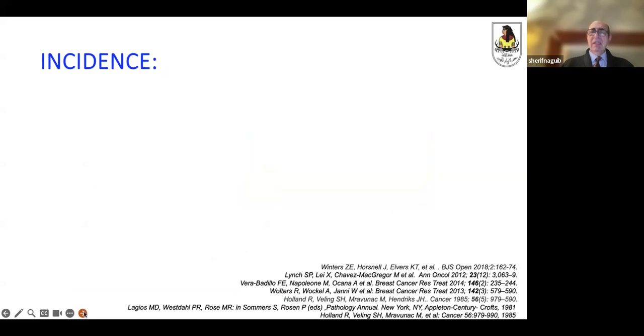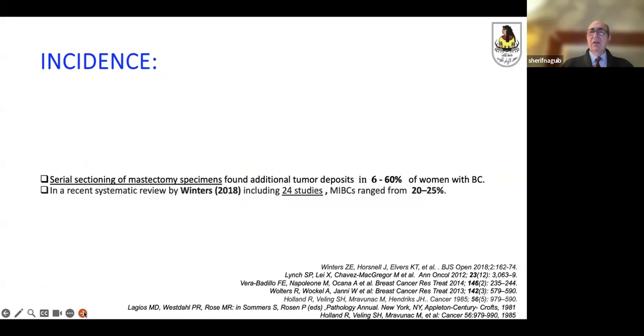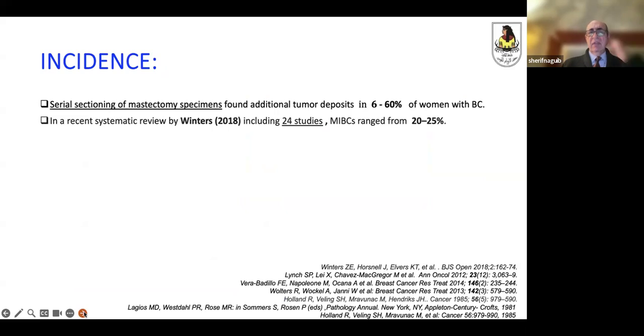Now, is multifocal and multicentric disease common? Yes, we see it very commonly nowadays. Actually, as far back as the 70s, serial sectioning of mastectomy specimens showed multicentric and multifocal disease in up to 60% of breast cancer patients.